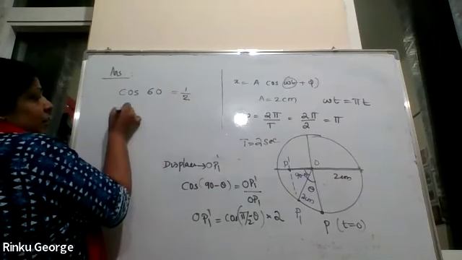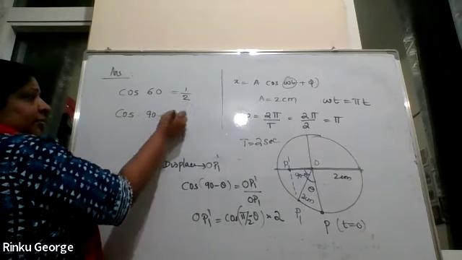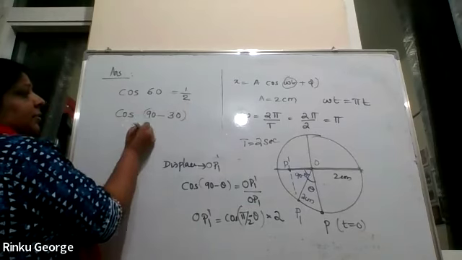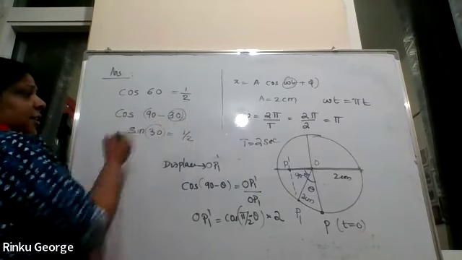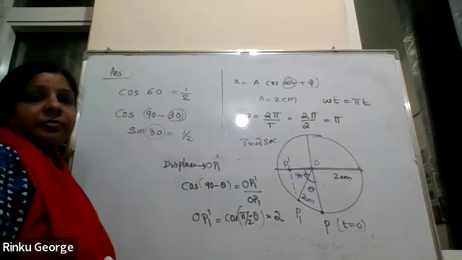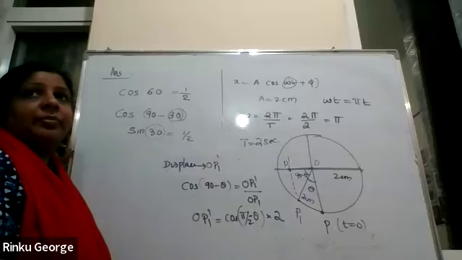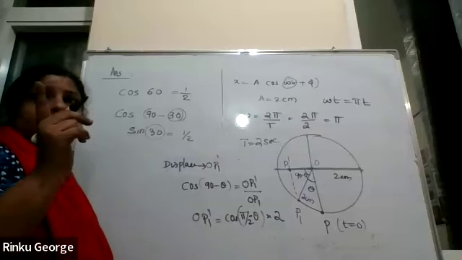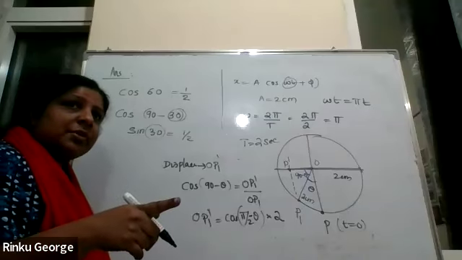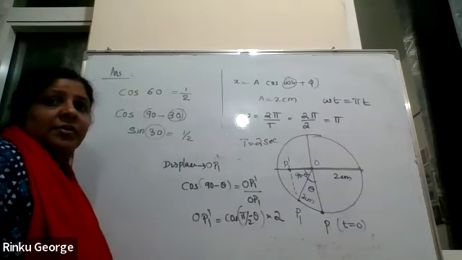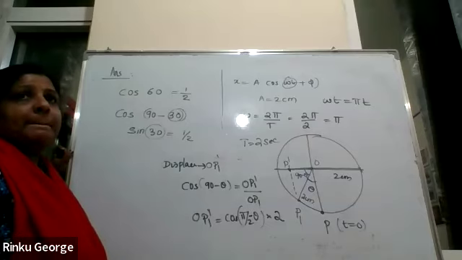Now, cos 60 I can write as cos of 90 minus 30. What is sin 30? 1 by 2. So cos of 90 minus theta is sin theta. If you don't remember the formula, check with examples. Understood?